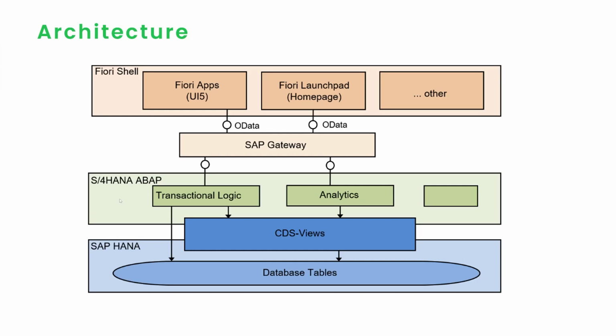So those are the two layers, and finally you need to consume your applications in SAP UI5. So you need to know UI5 applications, and the user needs to access them through the SAP Launchpad.